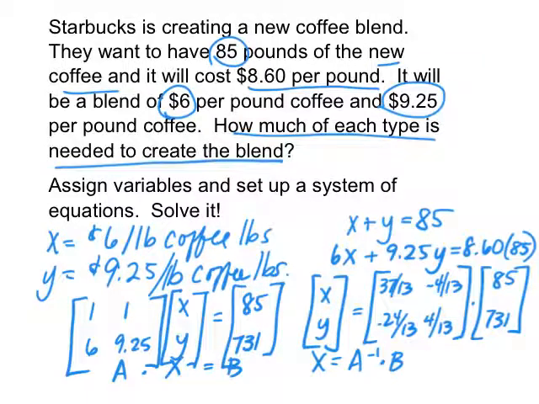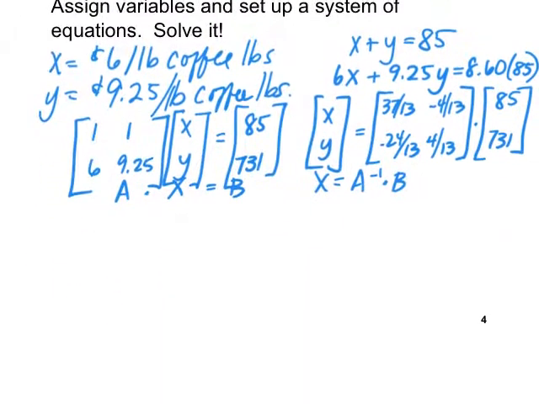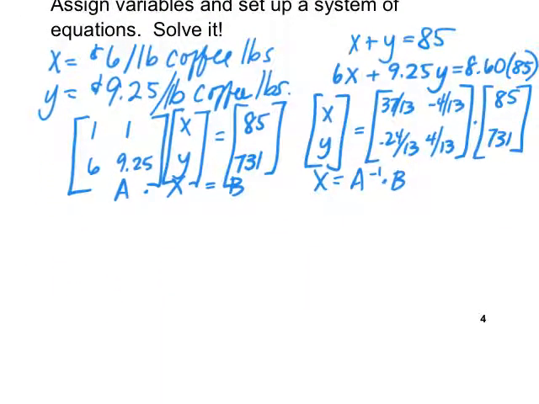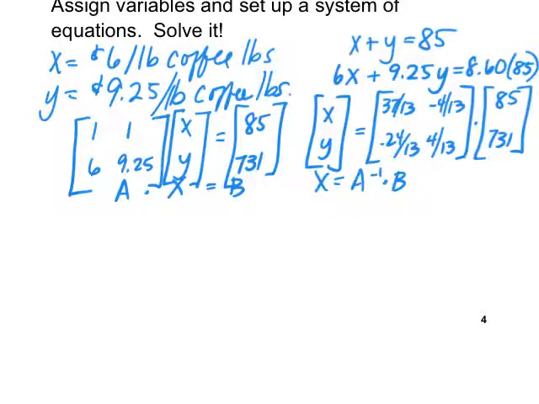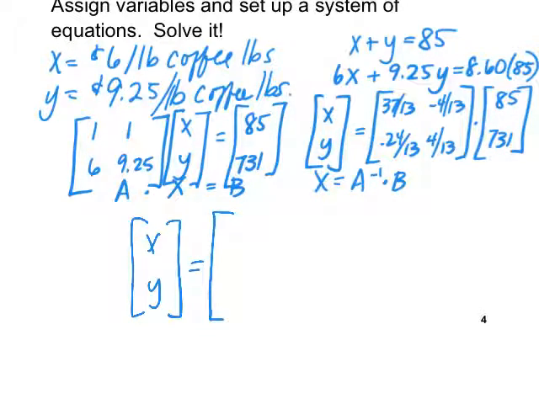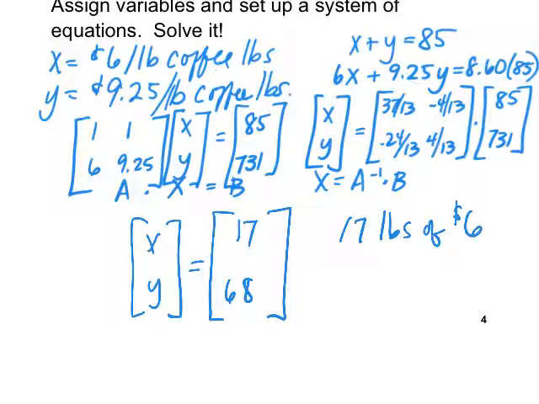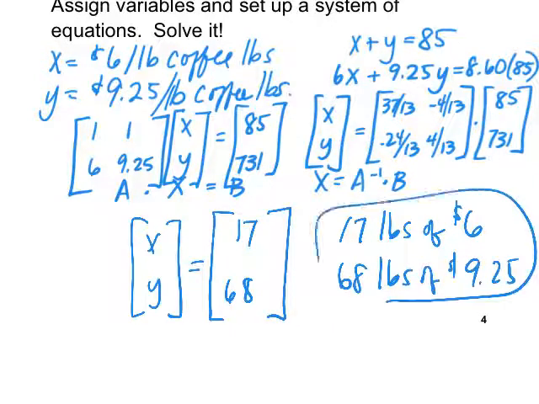So now you would take each row times each column, and we'll end up with X and Y equals 17 and 68. So that means there's 17 pounds of $6 coffee and 68 pounds of 9 1/4 coffee to make the blend that they want.